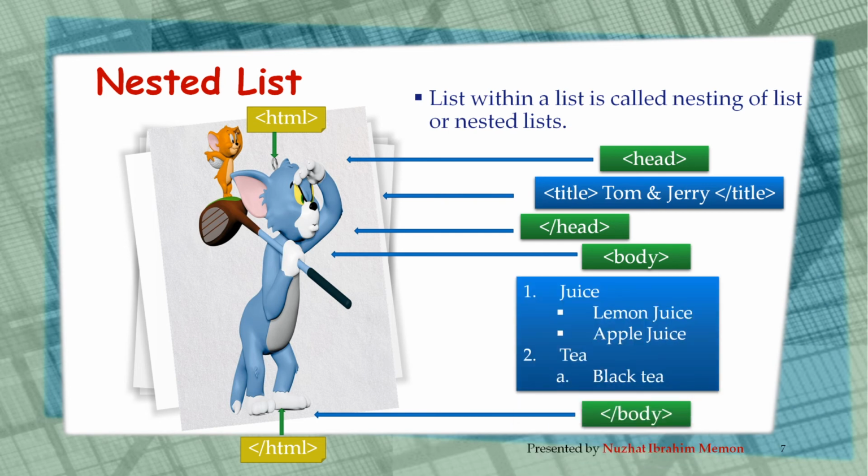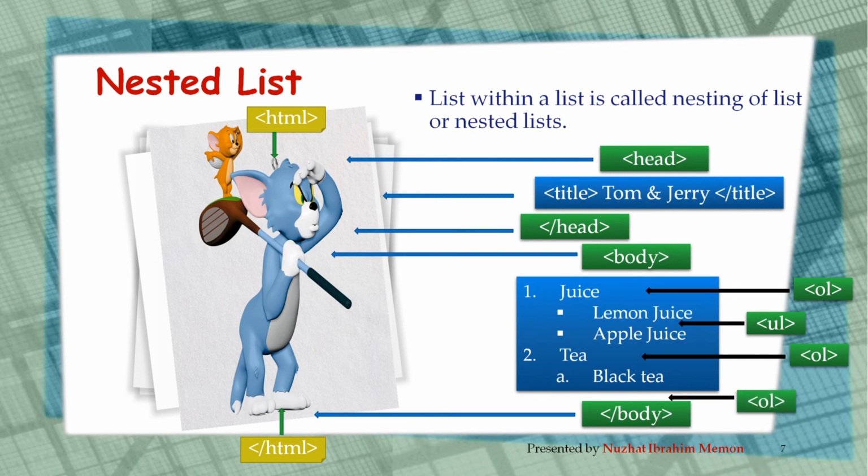The main list is the juice and tea, that is ordered list. Second list, that is lemon juice and apple juice, that is nested UL list of the first li of the main list, that is juice. And the third list is black tea, that you can see as an ordered list of the main list that comes under the tea.